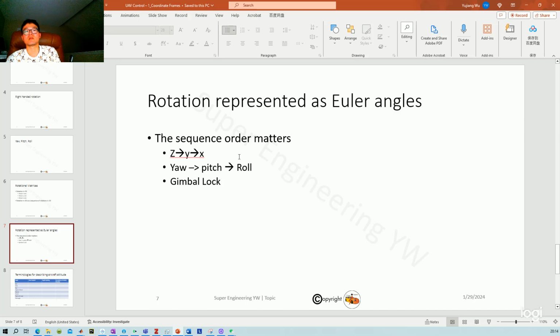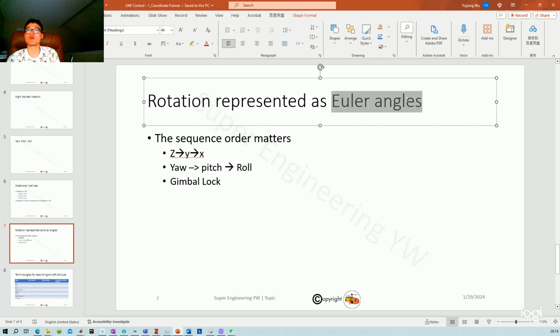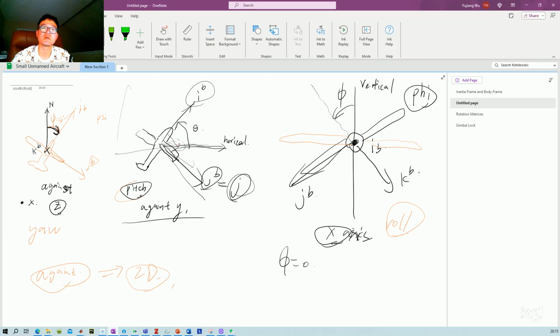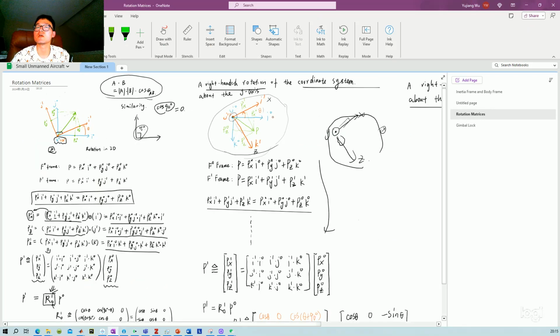But one thing we need to pay attention to when we use Euler angles to describe the rotation is that the order matters. If you rotate across z first, then y, then x, it is different than if you do x, y, and z. I will explain a little bit on that shortly.